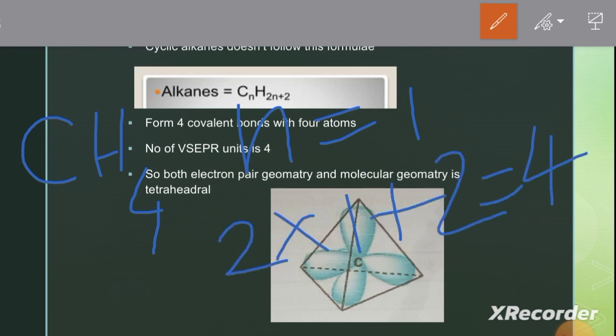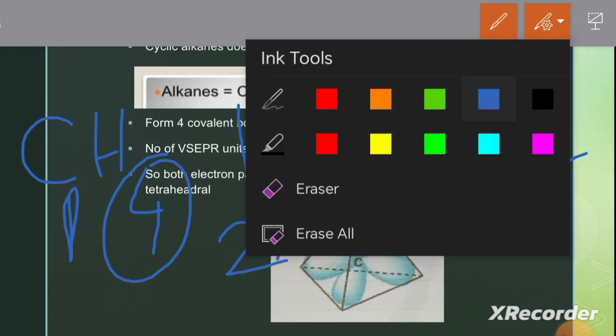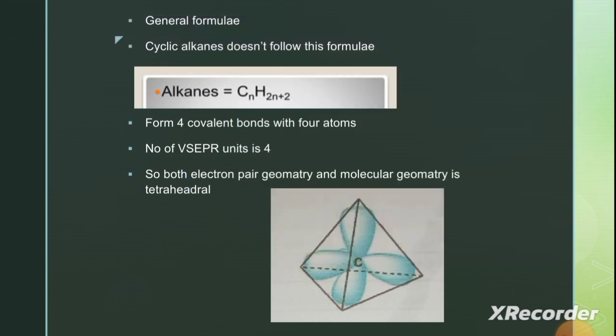That means 4. So here the H number has become 4 and the carbon number is 1. So the general formula of alkanes is CnH2n+2. But cyclic alkanes don't follow this formula. You should remember that. Cyclic alkanes don't have this formula.